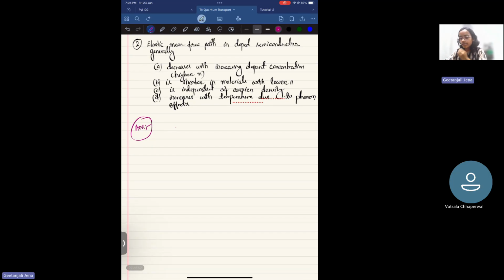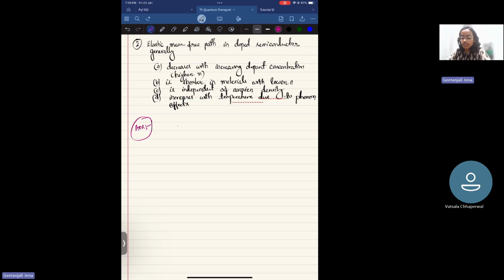If you recall the elastic mean free path, there will be no energy exchange. But for the inelastic mean free path, there will be energy exchange. The elastic mean free path typically arises when we are considering scattering due to impurities. When you are doping a semiconductor, you are adding impurities to the system.